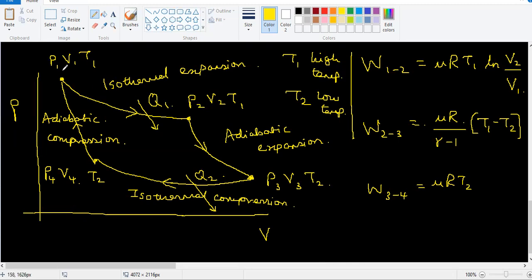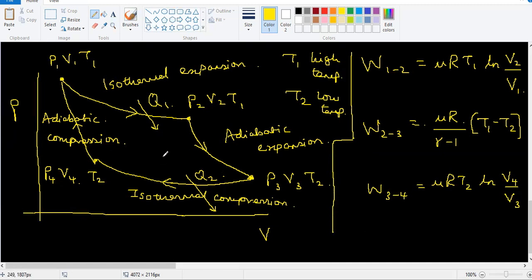Here the final volume is V4, initial volume is V3. I hope everyone is following this. I'm simply applying the formula. If anybody is finding it difficult, please stop me.